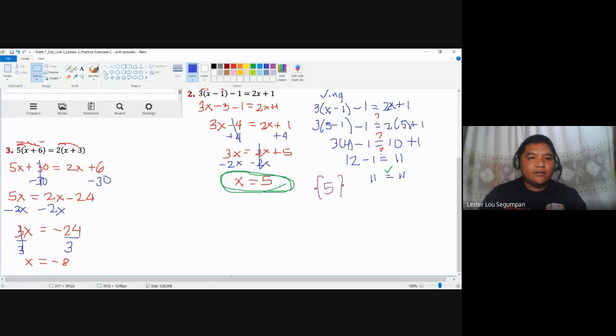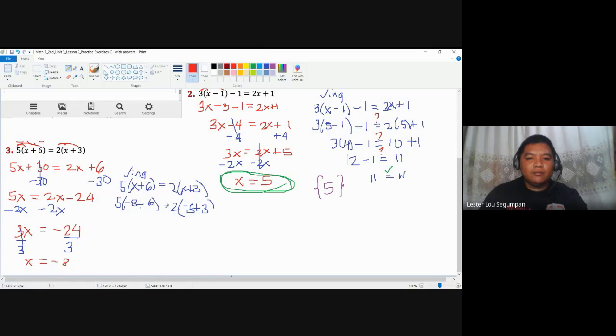So let's check it using the given equation. 5 times x plus 6 equals 2 times x plus 3. And then you substitute: 5 times negative 8 plus 6, and 2 times negative 8 plus 3.